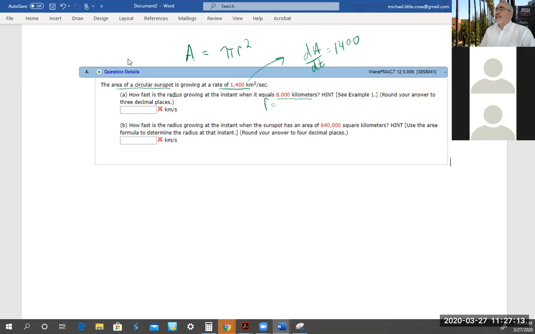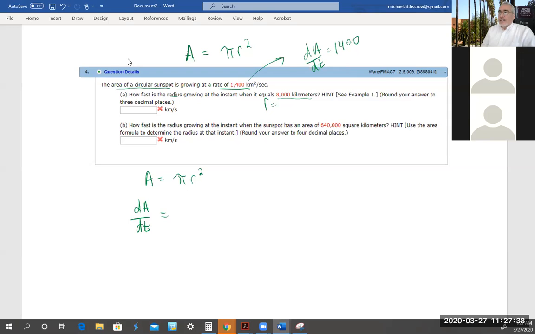Here's R. And so we start off with the formula and take the derivative, and again, this is where we use implicit derivatives, taking the derivative with respect to time. The derivative of A is 1 dA/dt, and I just didn't write the 1.